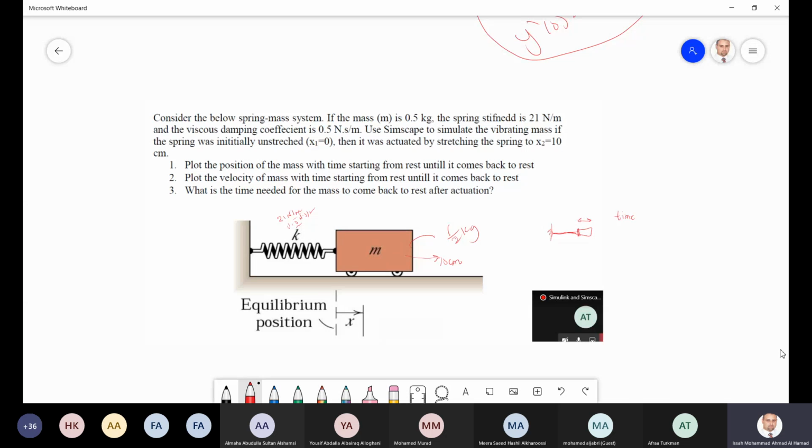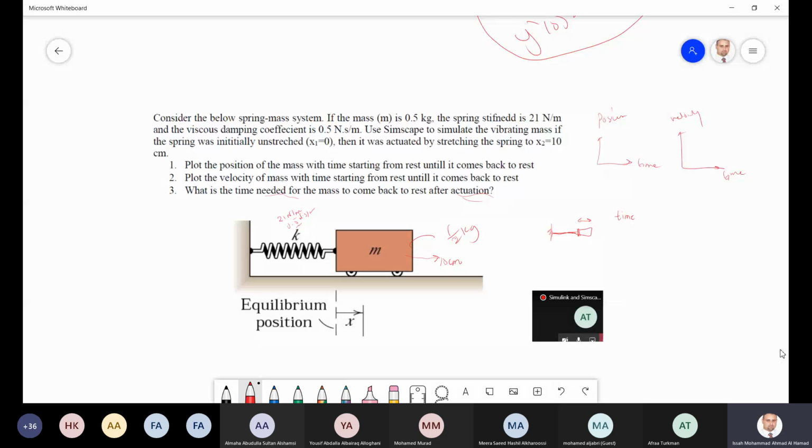We need to find, for example, position of mass versus time, and we need to graph, for example, velocity versus time. بحكي لي هون what is the time needed for the mass to come back to rest after actuation.